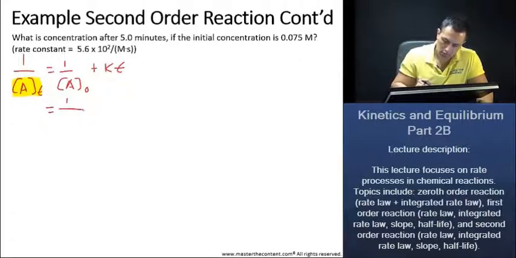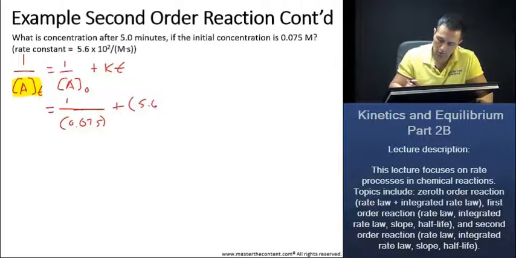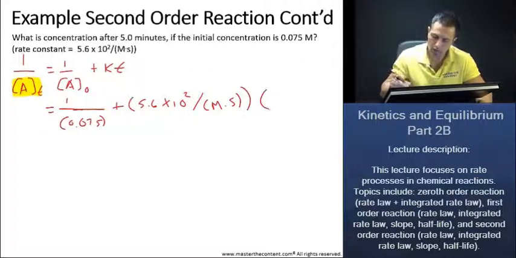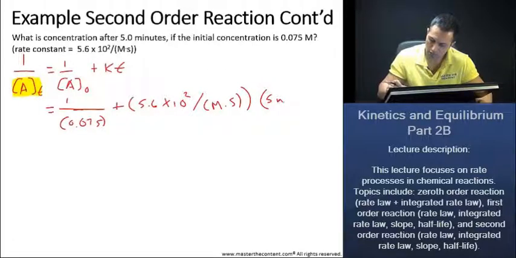And this is going to be 0.075, right, plus our rate constant and our time of 5 minutes.